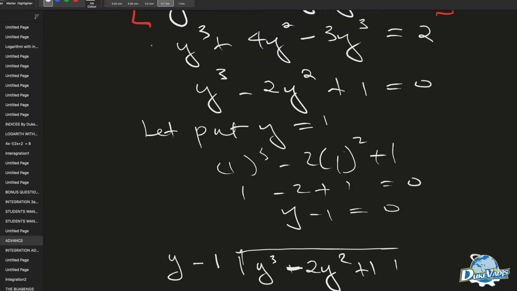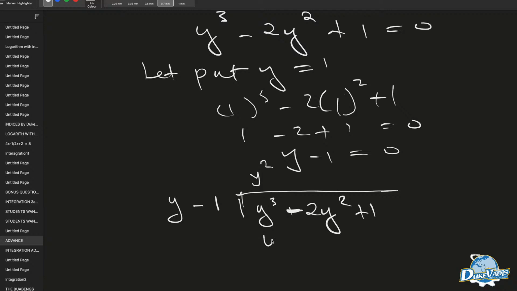That is what we have. So we have to divide this to get the right values. So now this one will go here, y squared. Okay, we multiply this by that, we get y cubed minus y squared.